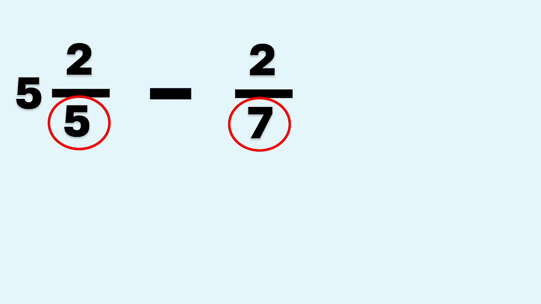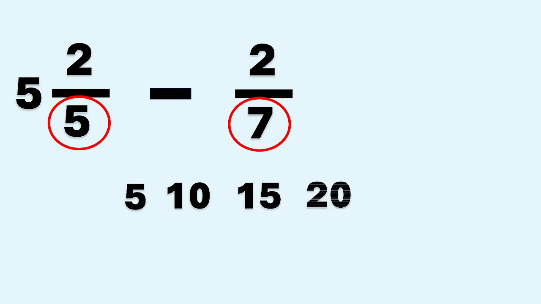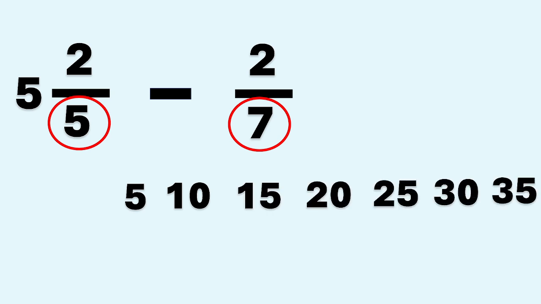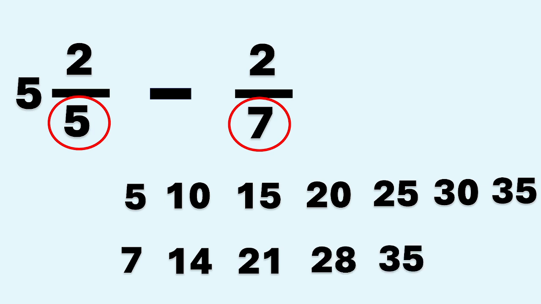The multiples of 5 are 5, 10, 15, 20, 25, 30, 35. The multiples of 7, we have here 7, 14, 21, 28, 35. Now, no need to go on once you find the LCM.